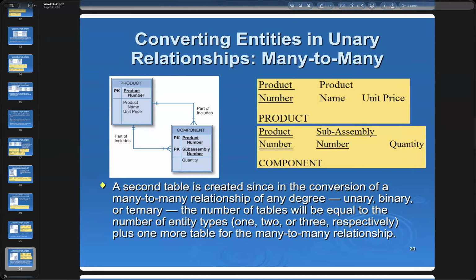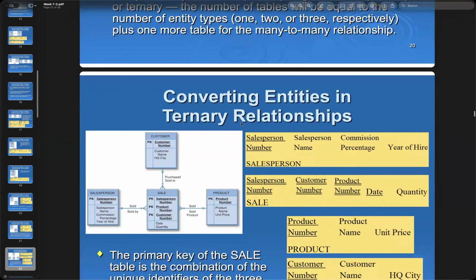Let's say if we have unary, binary, or ternary, the number of tables will be equal to the number of entity types, whether we have one, two, or three respectively. It doesn't matter. Plus one more table for the many-to-many relationship. Just remember this part, right? So for many-to-many, when we mention two entities, we need to add one more in the middle. Sometimes I call it the transaction table. It helps us convert it to one-to-many.